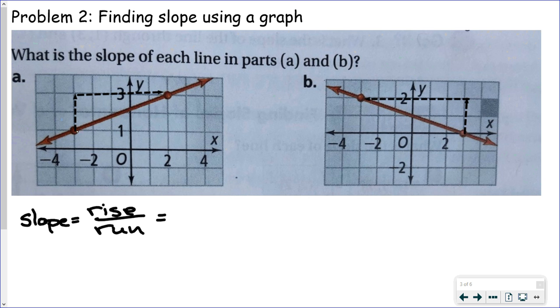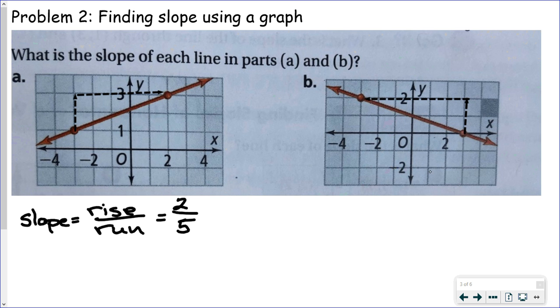So for this one, I go up 1, 2. So the rise is 2. And the run, 1, 2, 3, 4, 5. So my slope is 2/5. Okay, so from one point to the next, do rise over run. Simple. All right, now let's look at the next one.